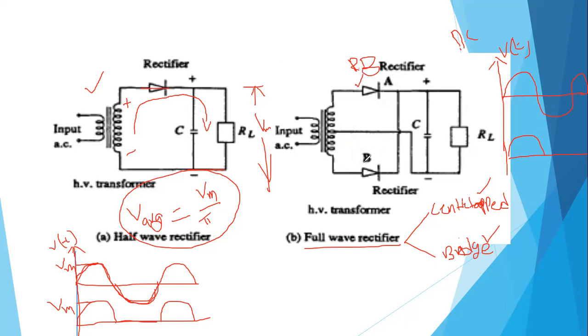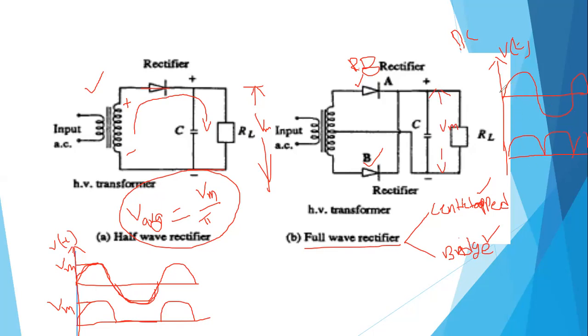So D2 will conduct. D2 becomes forward biased. That's why here also, during the negative half cycle, the voltage across the capacitor charges and appears across the load, that is V maximum. Then the positive half cycle is the same circuit, right?